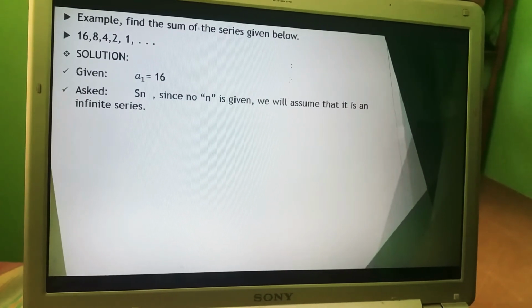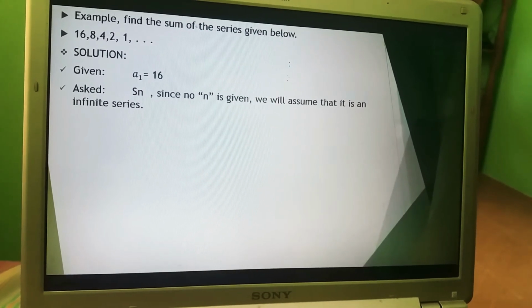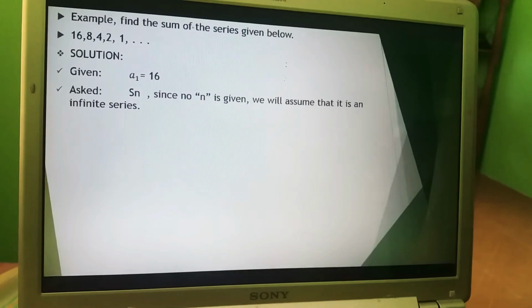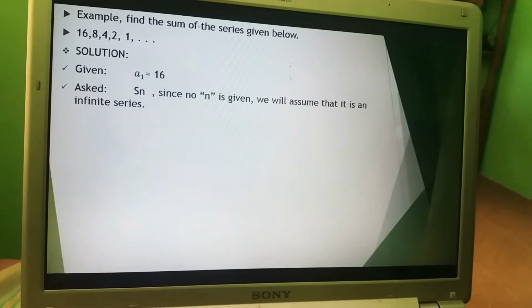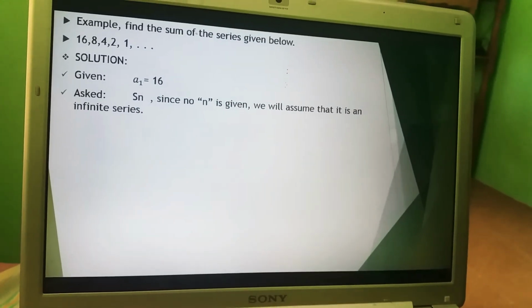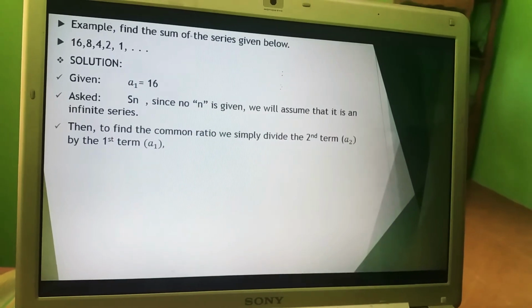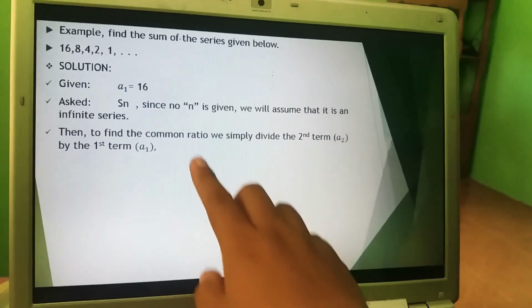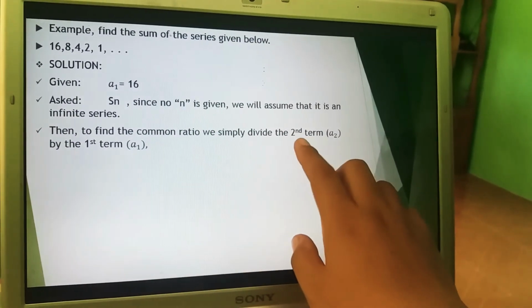So since no n is given, we will assume that it is an infinite series. Infinite, ibig sabihin tuloy-tuloy yung series. It will not stop.